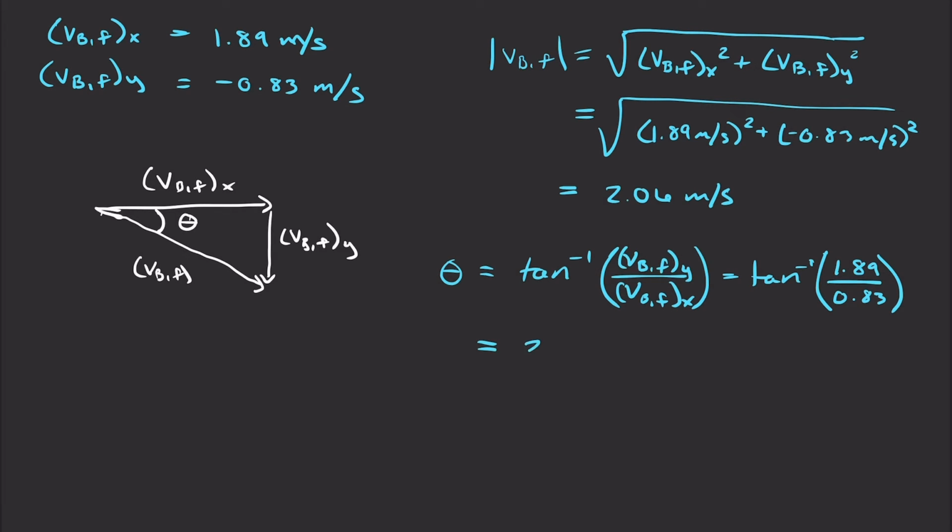So this is going to be 23.7 degrees. And because I plugged in positive numbers into inverse tangent, I get a positive angle. But I know this angle is below the positive x-axis, and that's always the easiest way to do that.